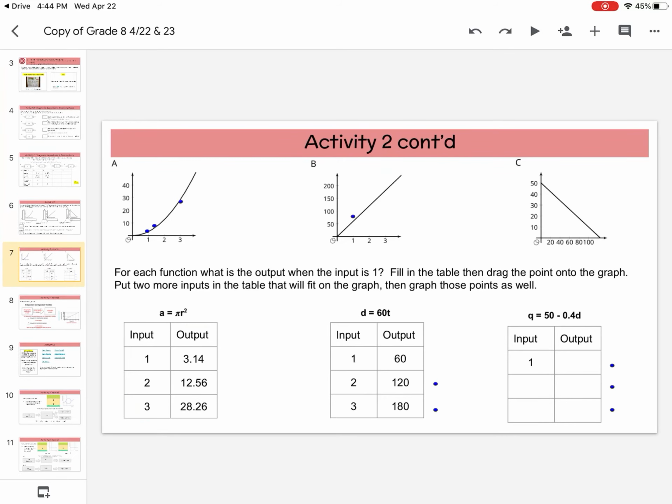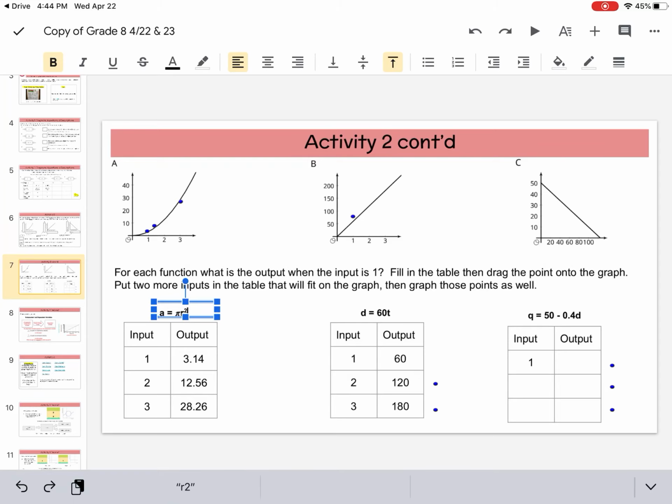Okay, so then you're going to take 2 and you're going to, in this equation here, okay, you're going to write it as, you're going to say to yourself, A is equal to pi times R squared. But instead of R, we know that we're going to plug in 2 for that.